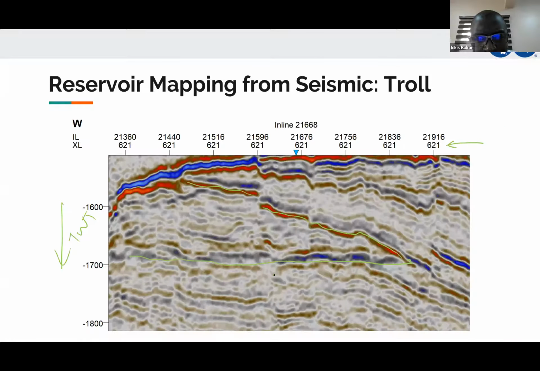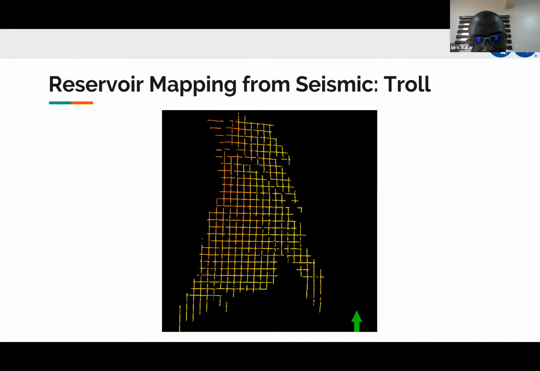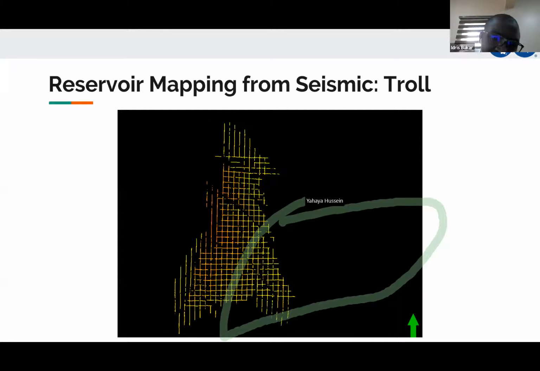So the shape begins to emerge. And maybe if you do a little more tweaking, you're seeing more of the shape coming out now.